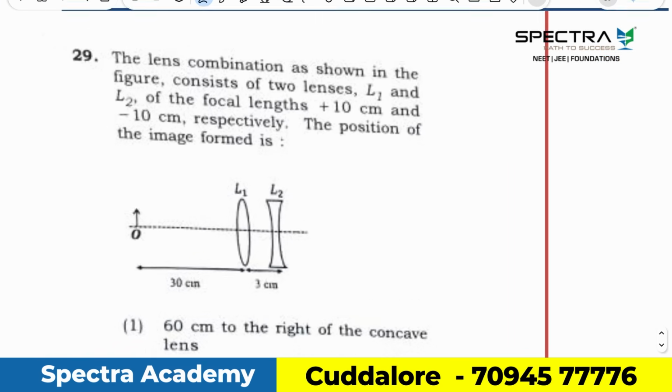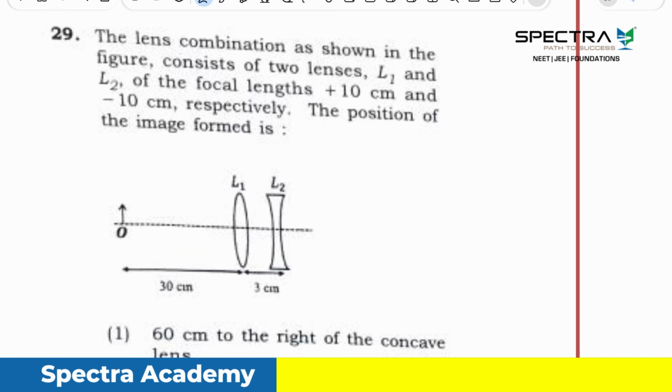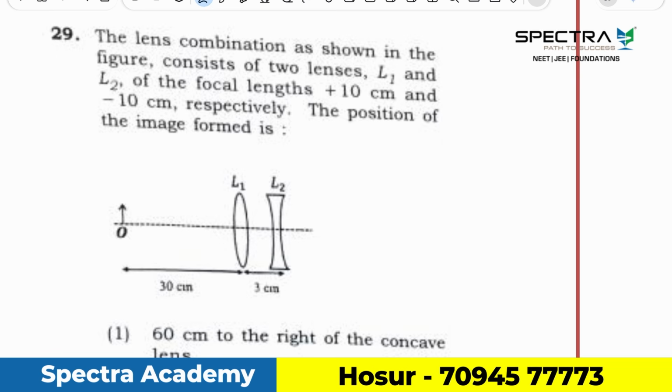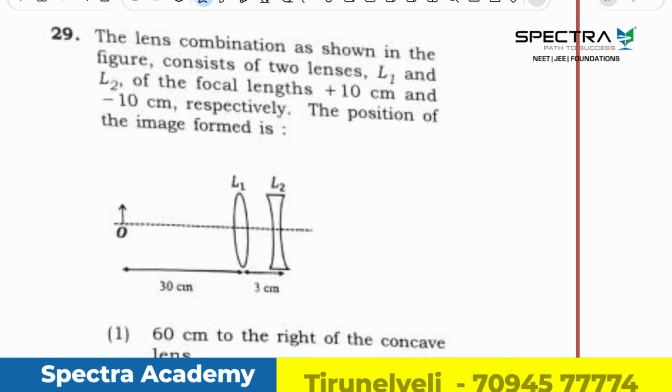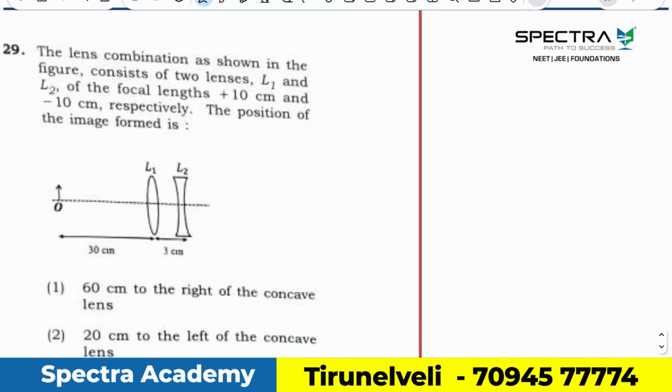Yes, it's a question from ray optics. The lens combination as shown in the figure consists of two lenses L1 and L2 of focal length 10 cm and minus 10 cm respectively. You are asked to find the position of the image formed. See, there are two lenses.